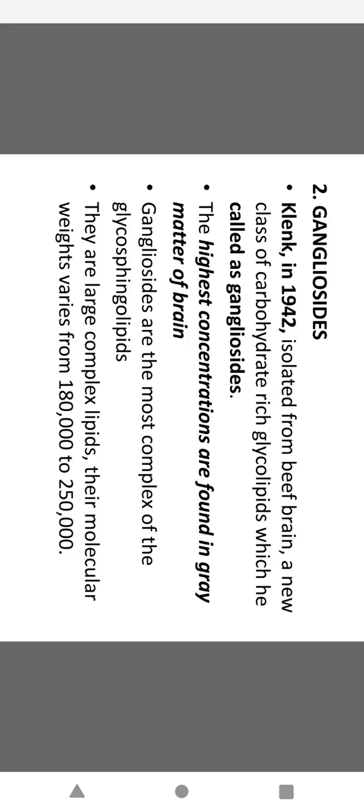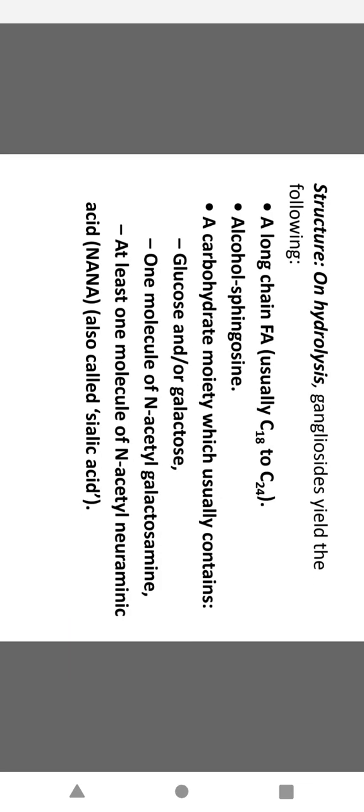Next type we see is the glycosphingolipids, gangliosides. The highest concentration is found in the gray matter of the brain. Gangliosides are the most complex of the glycosphingolipids. They are large complex lipids. Their molecular weight varies from 180,000 to 250,000.